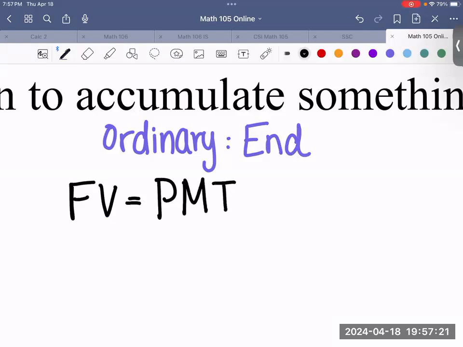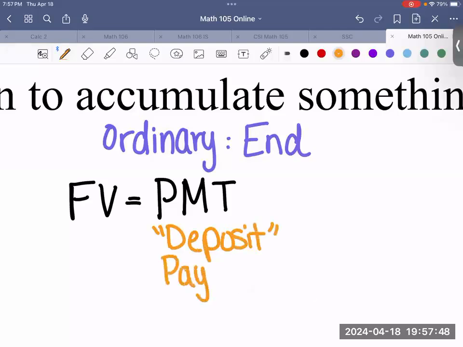This is going to be your payment. If we're trying to accumulate something, we want it to grow, so are we going to be making deposits or withdrawals? Well, if we want to make it grow, we're going to be depositing money into your bank account. So your PMT in this case is going to be a series of deposits. These can be called your payments or PMT.